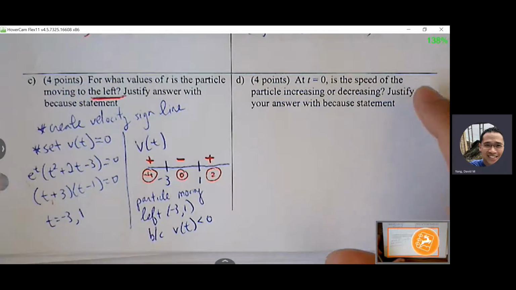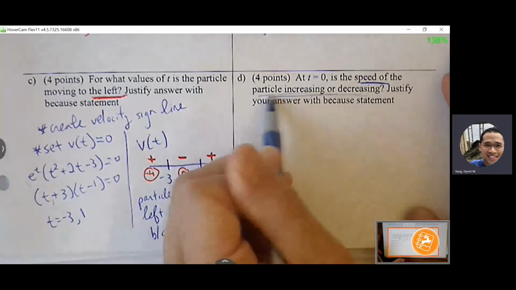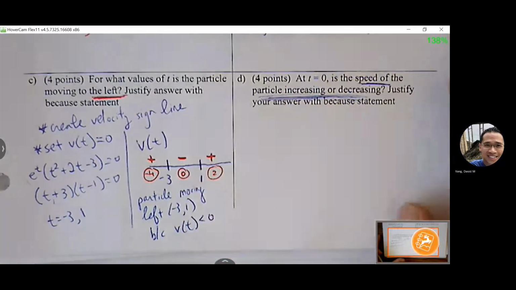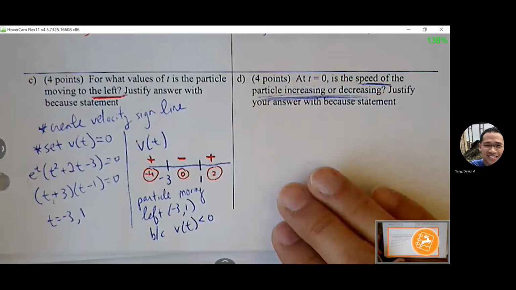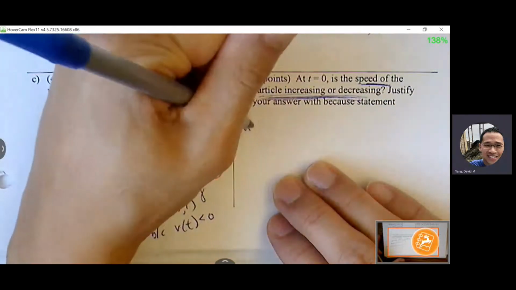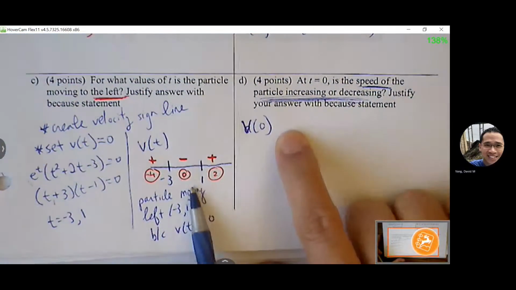Okay, part D, is the speed of the particle increasing or decreasing? Speed increase, decrease, that means we have to look at both velocity and acceleration. So we know that v of 0 is negative.